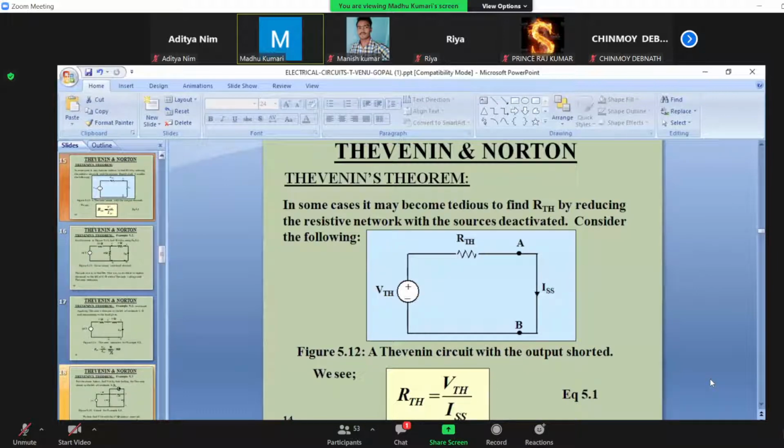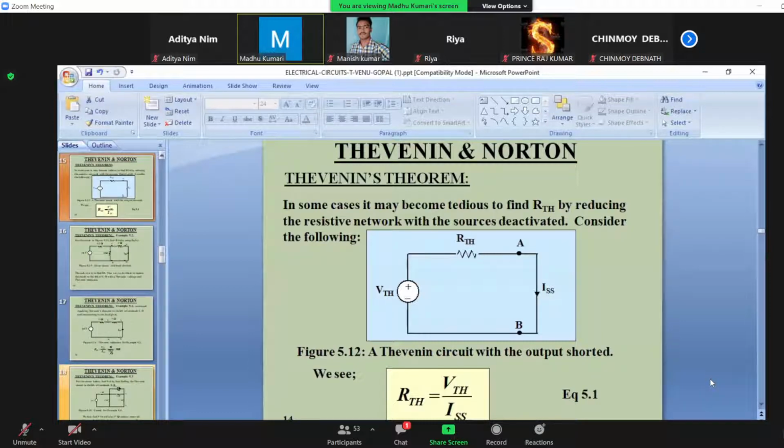In some cases it may be a cumbersome job to find RThevenin by reducing the resistive network with the source deactivated. Suppose 50 resistances in the circuit and 10 sources are there, then it will take more time. You can't calculate it. And that will be very complicated.